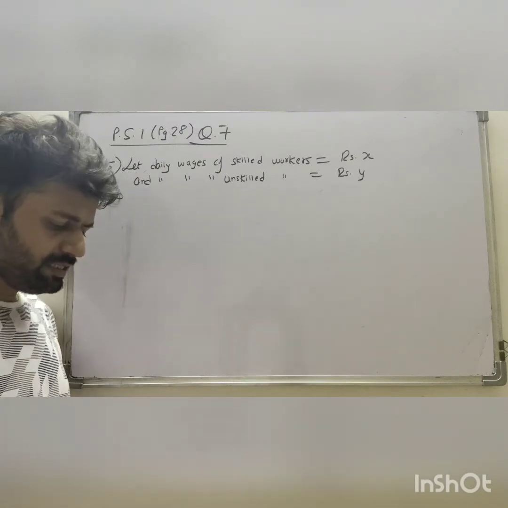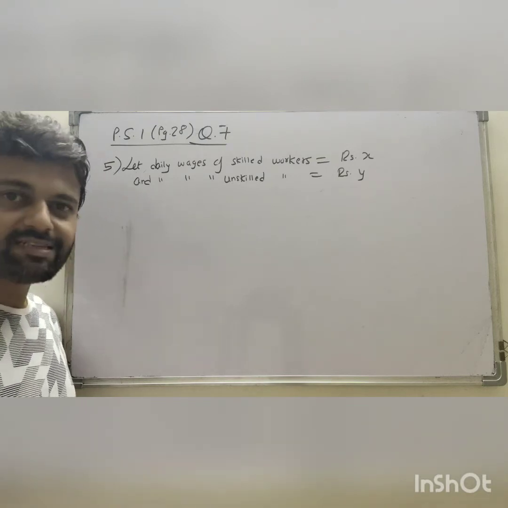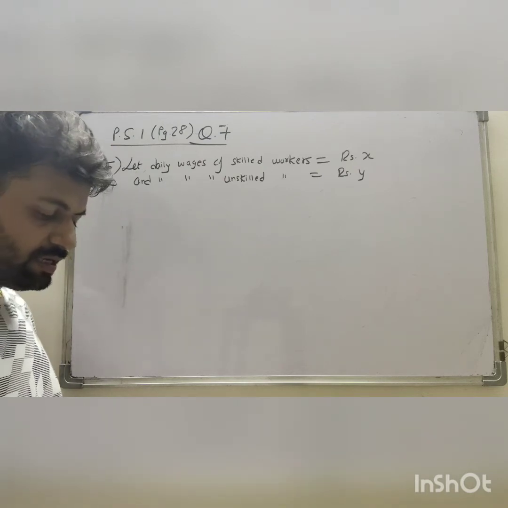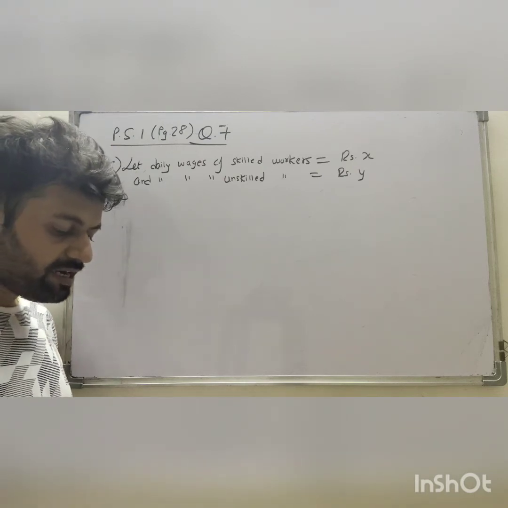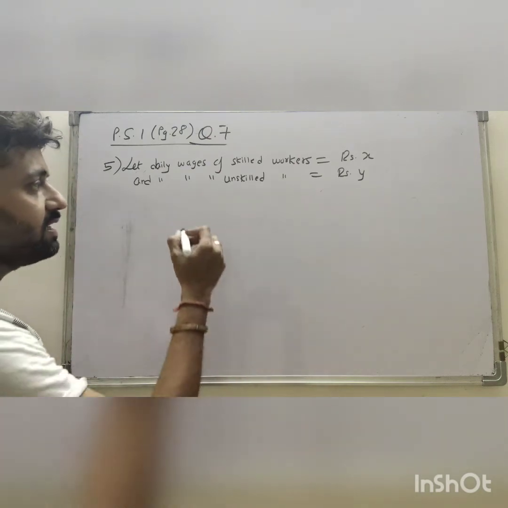In a factory, the ratio of their wages, that is salary, is 5:3. The ratio of the salary of skilled and unskilled, first skilled, then unskilled.